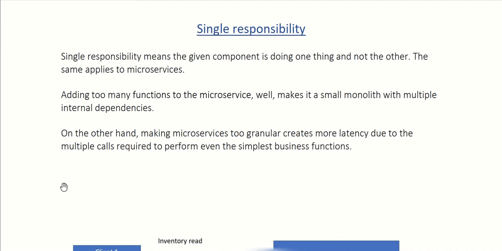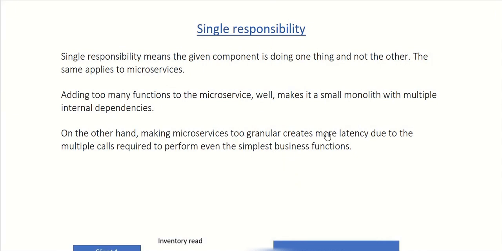On the other hand, making microservices too granular creates more latency due to the multiple calls required to perform even the simplest business functions. Very frequently nowadays, whenever I receive some business requirements for these design activities, I have seen examples where my team has ended up creating very granular services, even to achieve the smallest functionality.